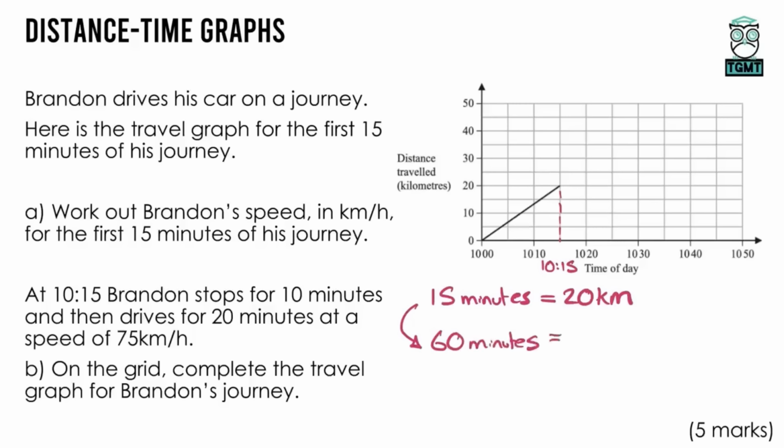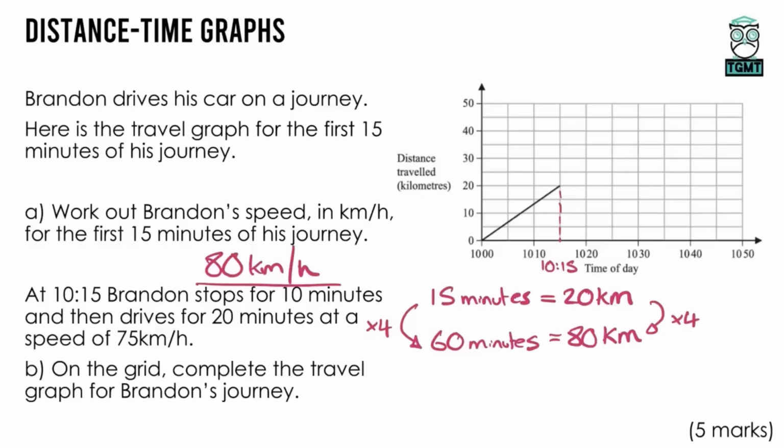So to get to 60 minutes, all we need to do is multiply by 4. And you can do that on your calculator. 60 divided by 15 is 4. So all we need to do is times by 4. And that means we would go 80 kilometres in 60 minutes. And there we go. So our speed in that first 15 minutes is 80 kilometres per hour. That'll be our final answer for part A.